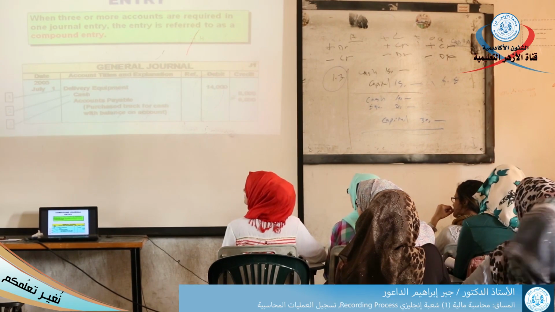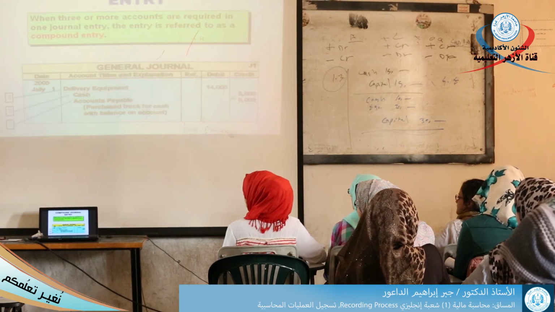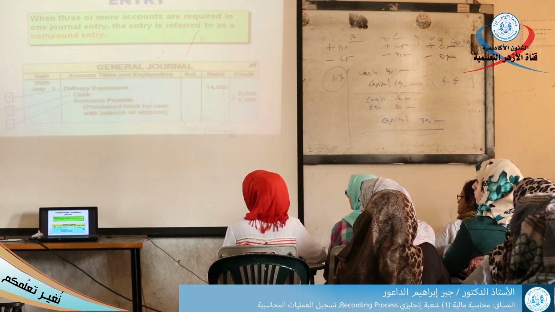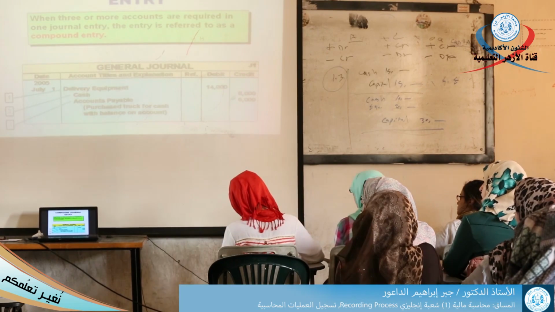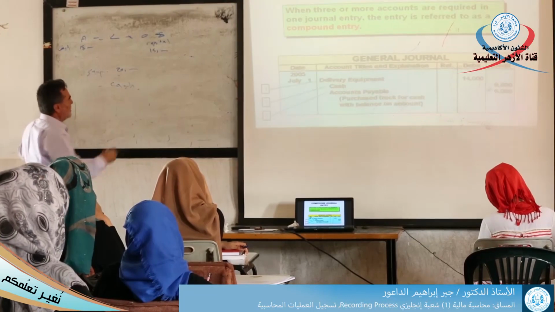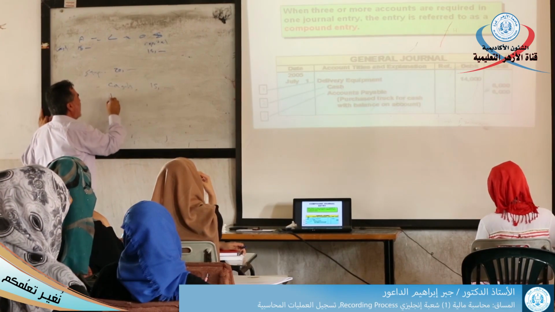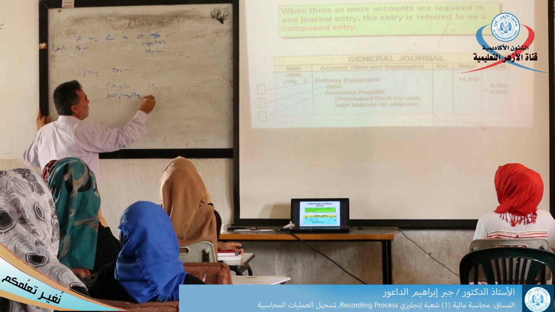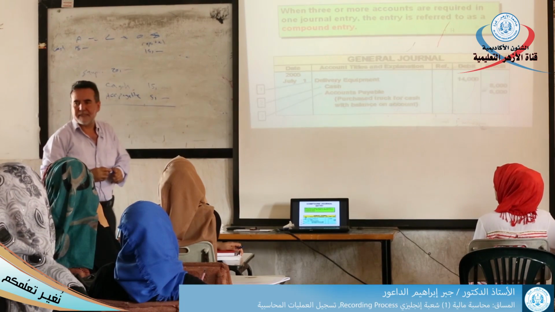For example, equipment 20,000 to cash 15,000, accounts payable 5,000, also called a compound entry.